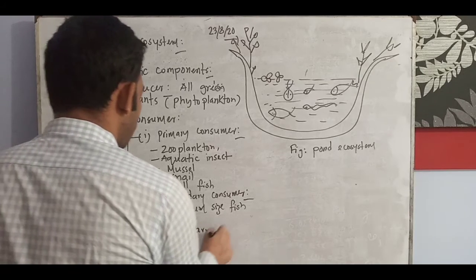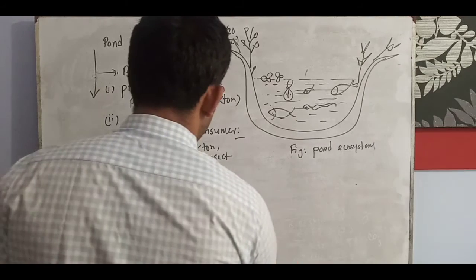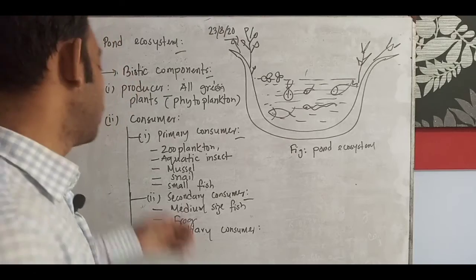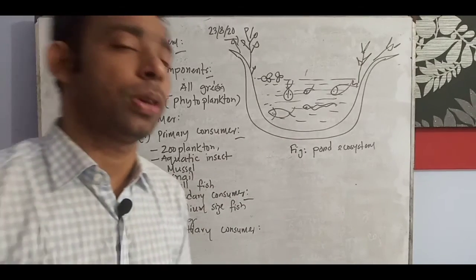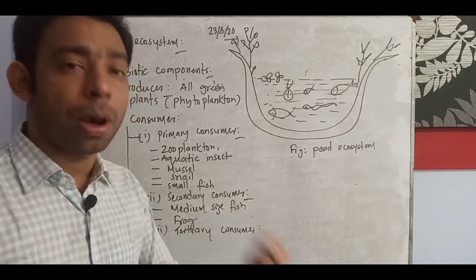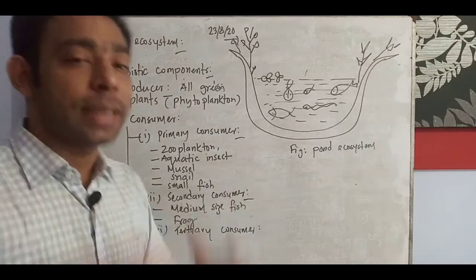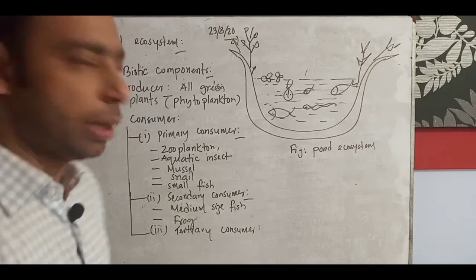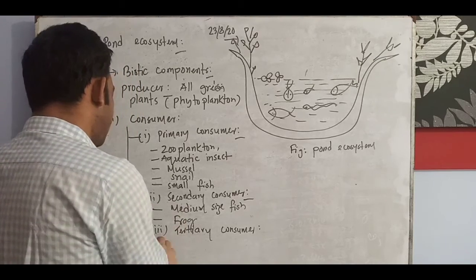Tertiary consumers are those consumers that directly depend on the secondary consumer, and in some cases they can sometimes also depend on the primary consumer, but they directly depend on the secondary consumer, so they are called the tertiary consumer.